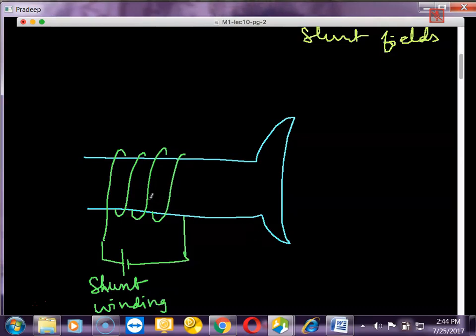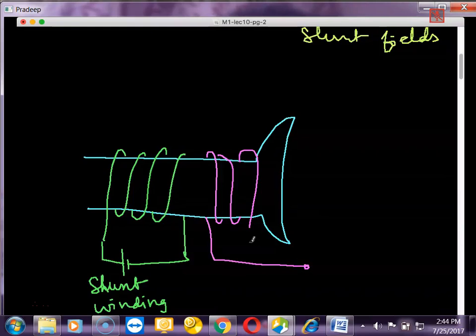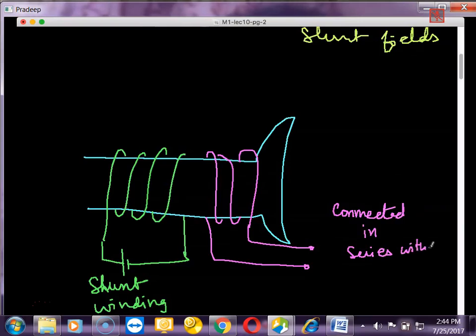The series winding, for example, is like this, connected in series with the armature. Now you notice the flux created by this, if it is in this direction, the flux created by this may be in the opposite direction.